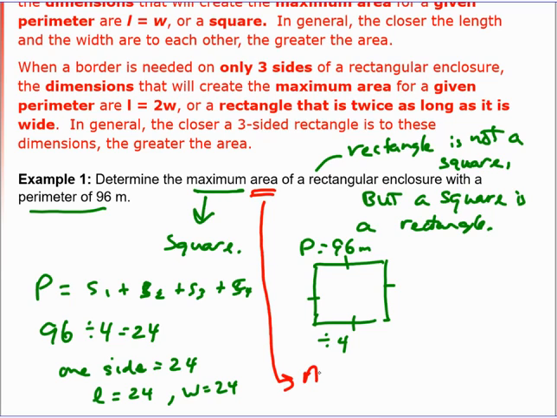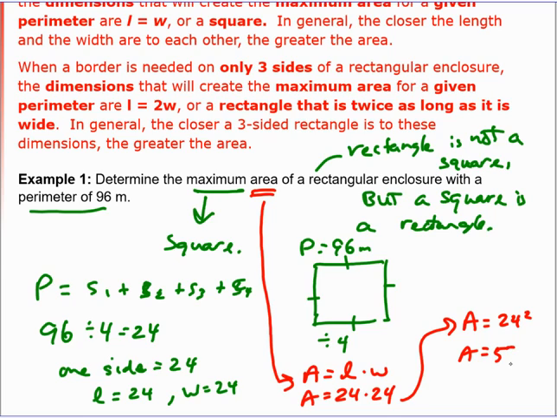Area equals length times width. So area equals 24 times 24, which means 24 squared. So what is 24 squared? Punch it in your calculator, and we have 576 meters squared.